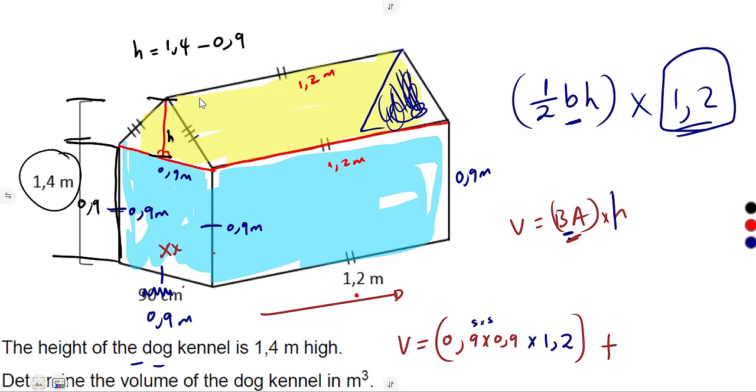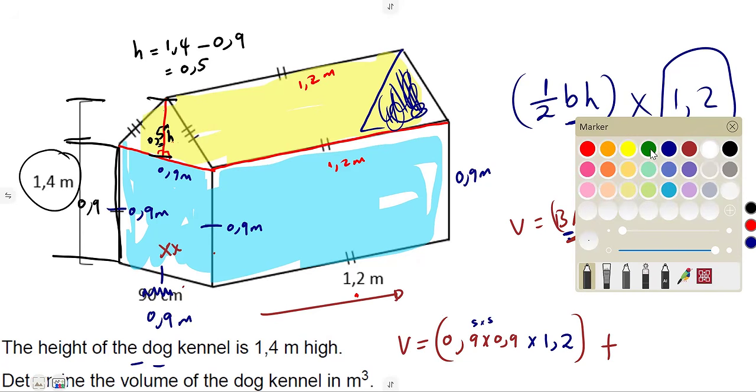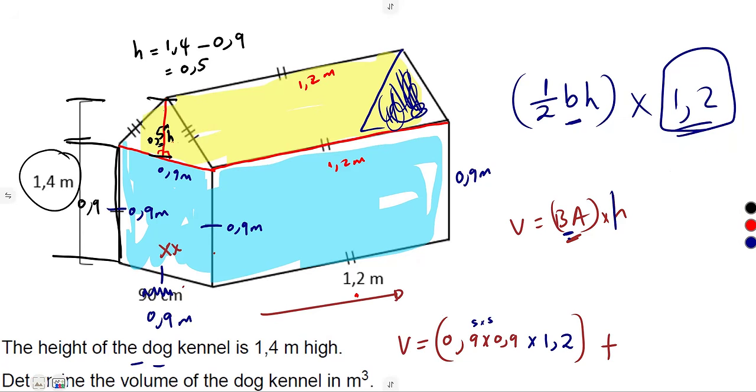Okay, that was going to give us 0,5. So it is what? 0,5 here. That's our perpendicular height of the triangle. So we can have the volume. As I said, volume is what? The base area times the height from one section to another, which we already have, 1,2, this one.